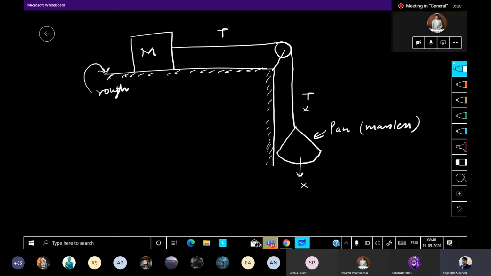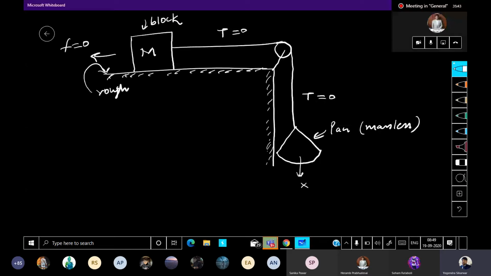The block is at rest, and if tension is 0, then there would be no friction required. So F will be 0. Why? Because the block is not trying to move, so friction will not act in the beginning.